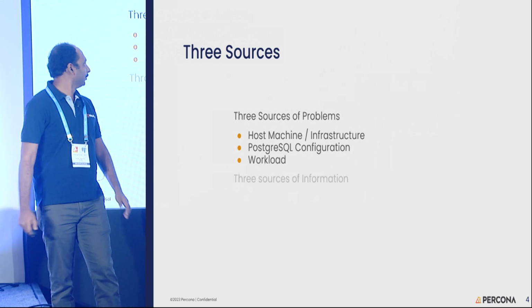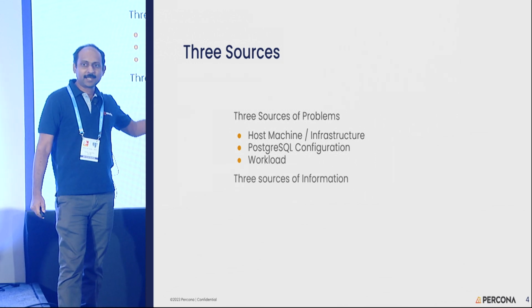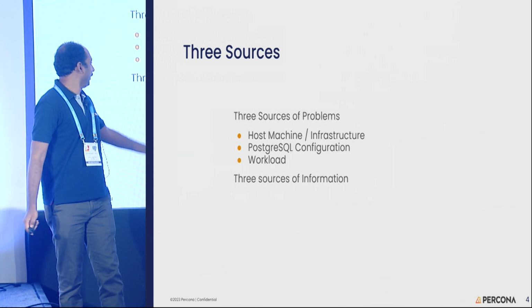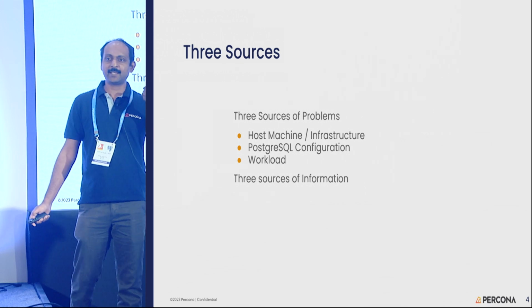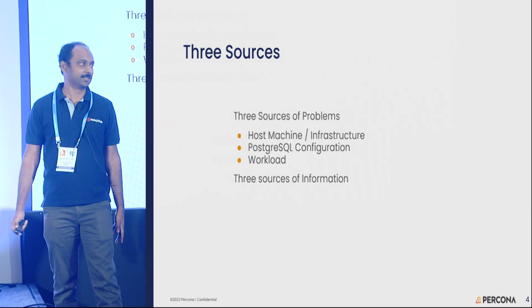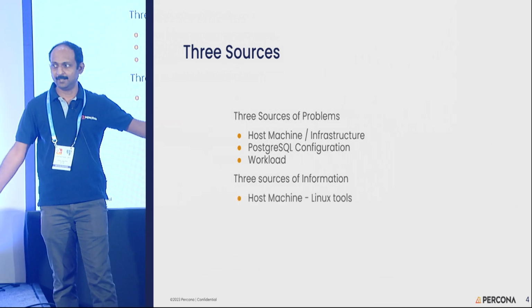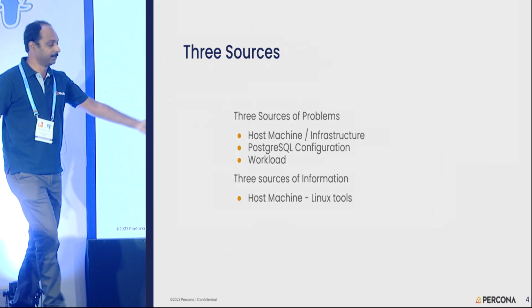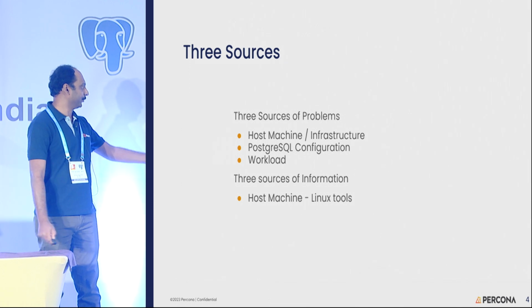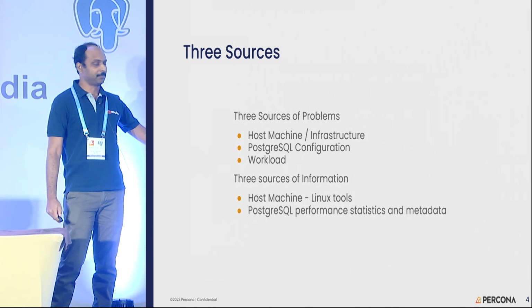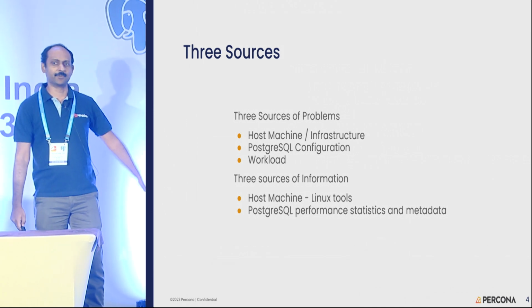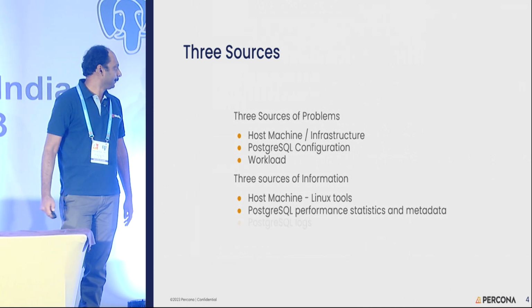So when we start looking at things, we should look at all these three separately, and the information we collect should also come from these three sources: the host machine configuration and analysis, the Linux tools we can use, as well as the Postgres performance stats information.